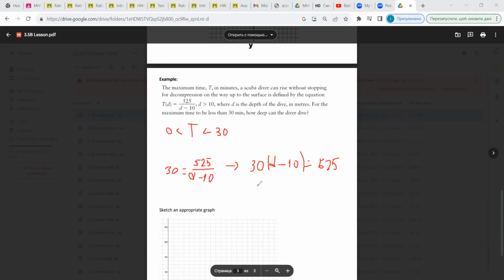Now we need to open the brackets. 30d minus 300 equals 525. Now we move 300 to the right hand side.